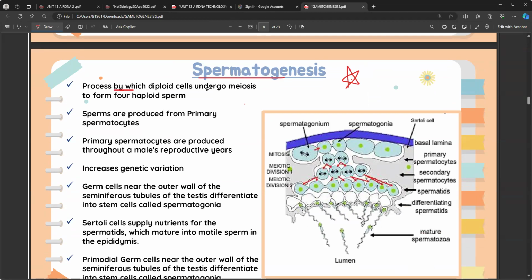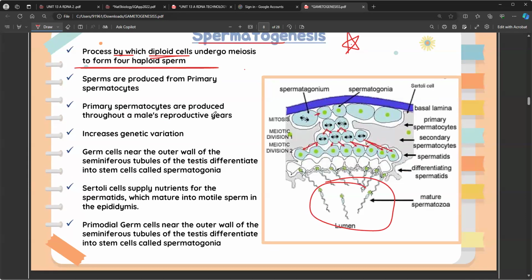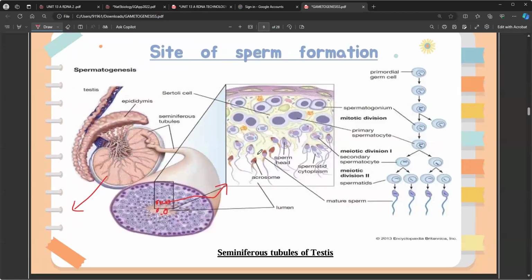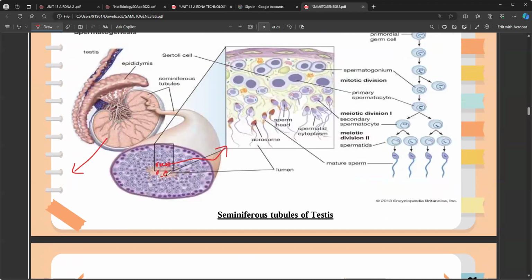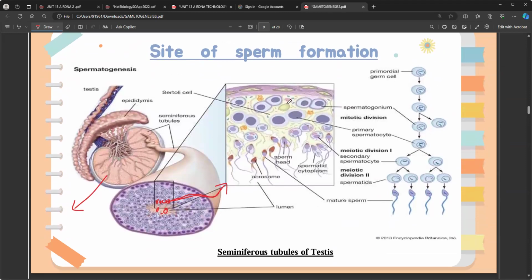Spermatogenesis is a process by which diploid cells undergo meiosis to finally form haploid sperms. Now friends, don't get confused. Just now I told all of you that sperms are produced in a region we call the seminiferous tubule. I want every single student to look into this beautiful picture.